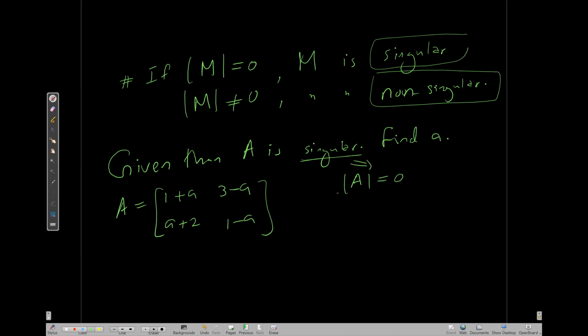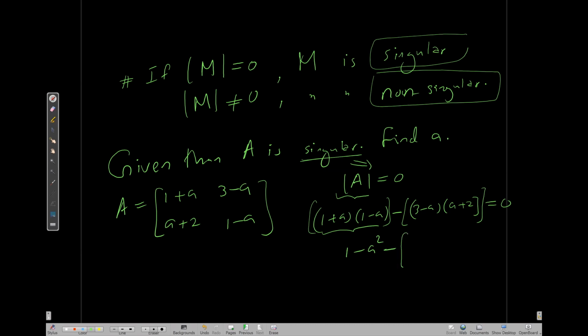First find the determinant. So 1 plus a into 1 minus a, minus 3 minus a into a plus 2. That is 0. So this one, the difference of two squares, is 1 minus a squared, minus, let me put parentheses.